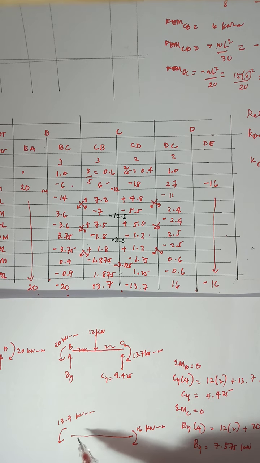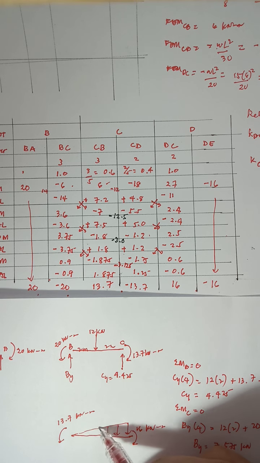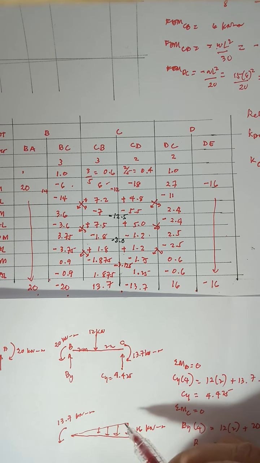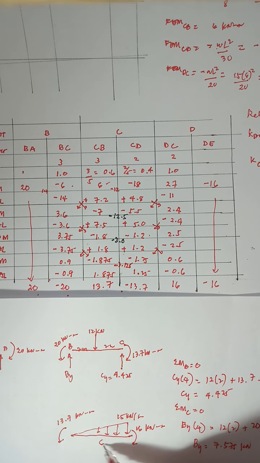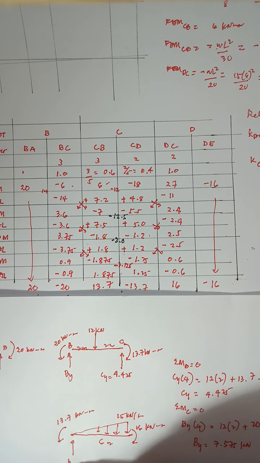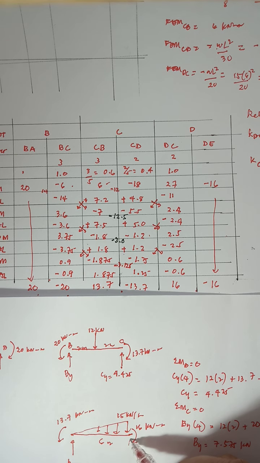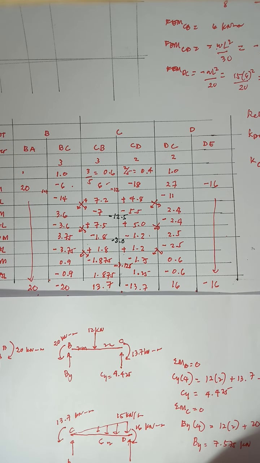And you have a varying load equivalent to 15 kilonewtons per meter, and the length is 6 meters. So you can solve for the reactions, and this one here is CD. So this will be CY and DY.